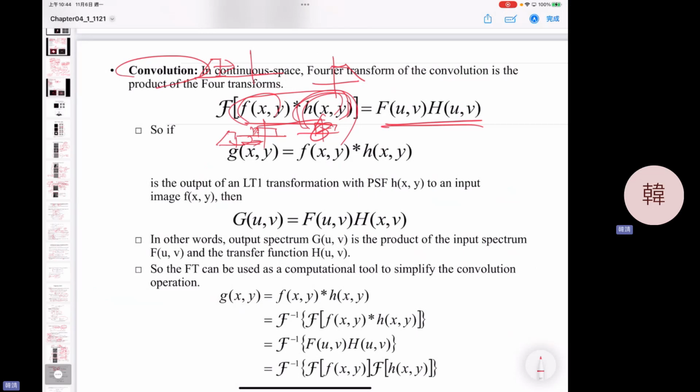However, in the frequency domain, you transform into frequency components, F(u,v) and H(u,v), and you see the operation becomes multiplication. So it becomes very easy to understand what result you can expect.